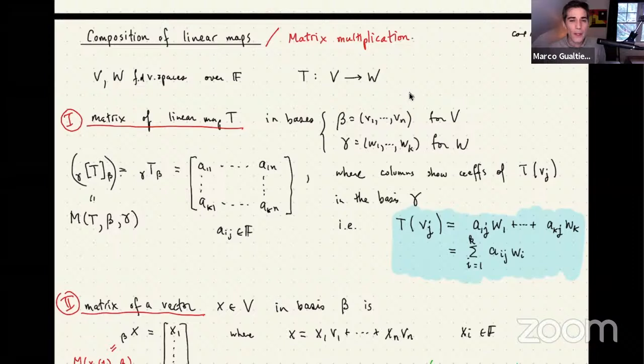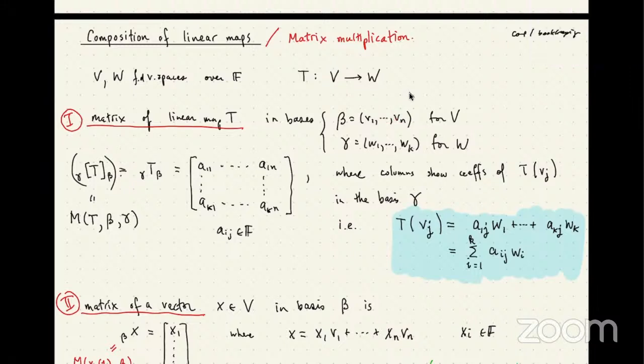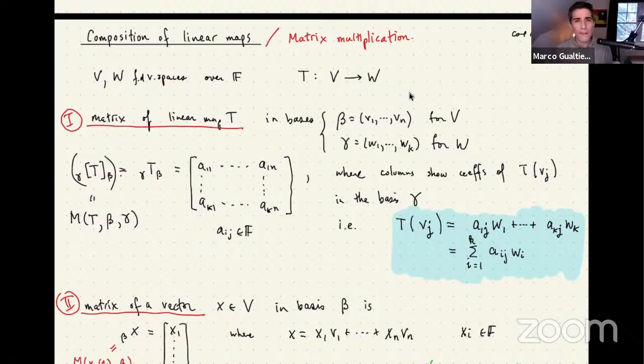Now that's clear. So you understand why it's important to know the value of T on these basis elements. Now how do I tell you the information of T of v1? If I say I'm going to tell you what the value of T is on v5, how am I going to transmit that information to you?